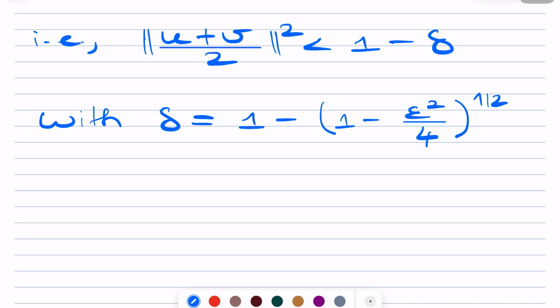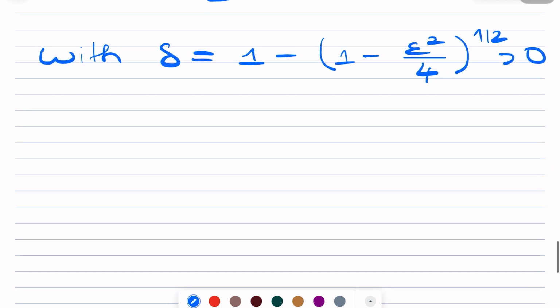And this, of course, is strictly greater than 0. So this means H is uniformly convex, so we are done, because as I said earlier, reflexivity is just a consequence of the Milman-Pettis theorem.